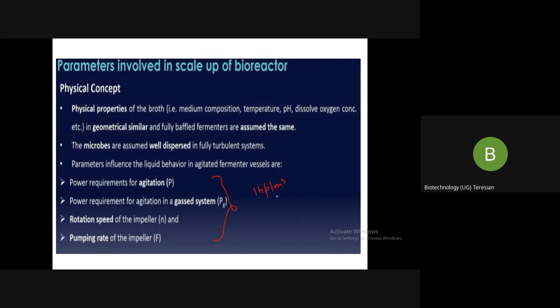So for a small fermenter, or instead of saying fermenter we'll use the word agitator, for mild agitating you require only this much power, whereas in a large scale production fermenter, your agitator will consume more power. If you're using a 200 cubic meter reactor, it utilizes 200 horsepower per cubic meter.